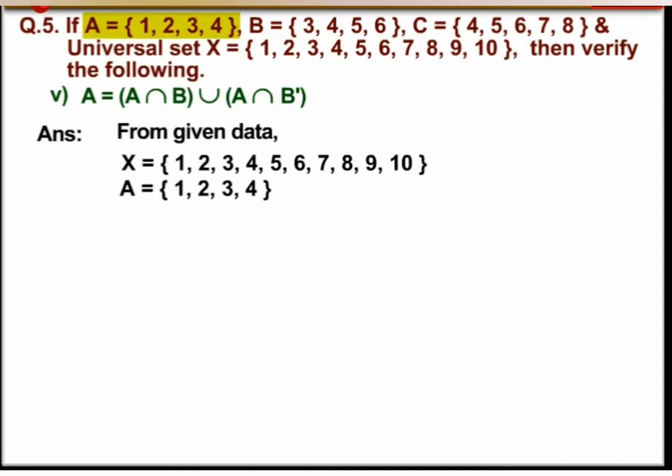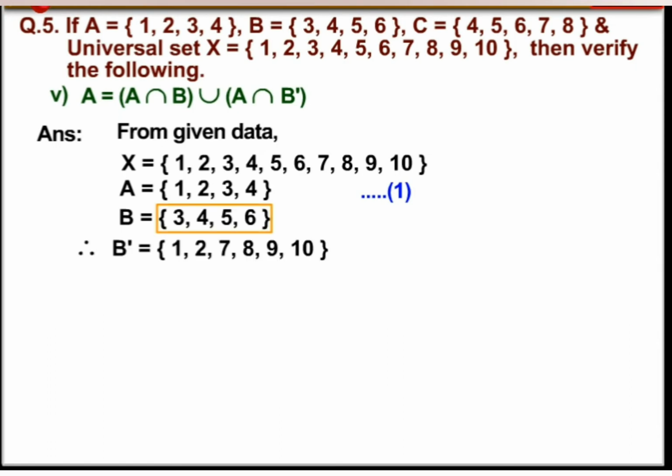A is equal to 1, 2, 3, 4. Let this be equation number 1. B is equal to 3, 4, 5, 6. Therefore, B dash is equal to 1, 2, 7, 8, 9, 10.